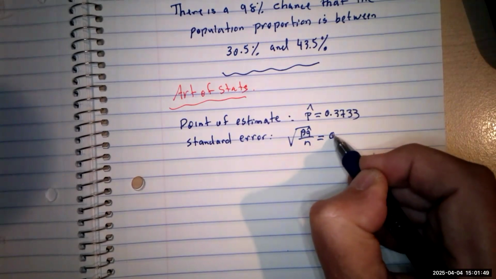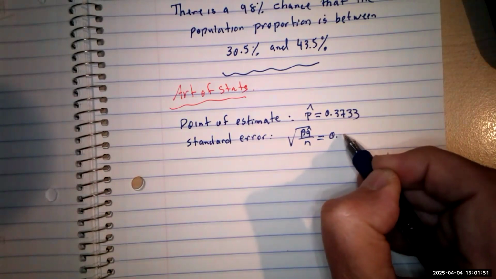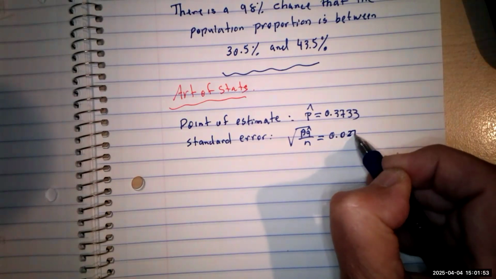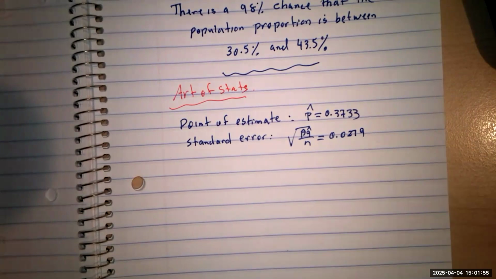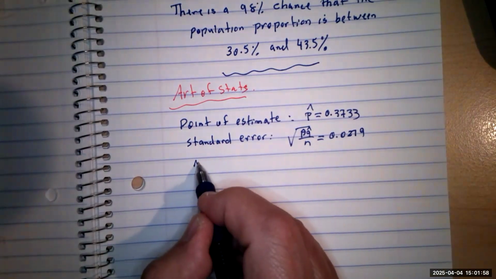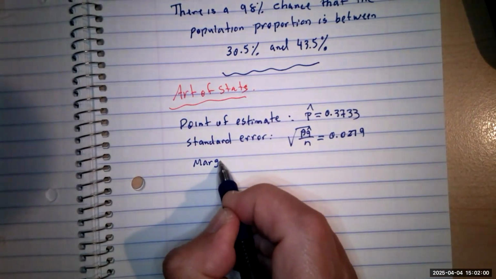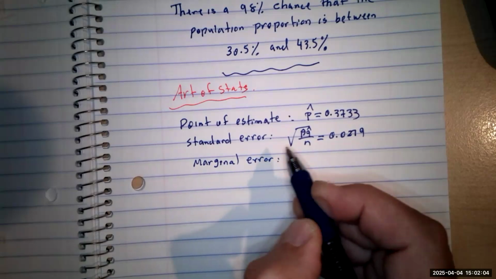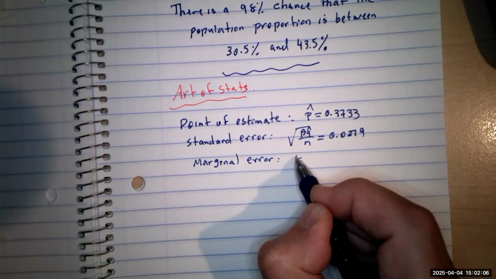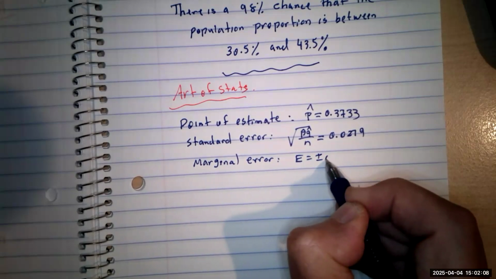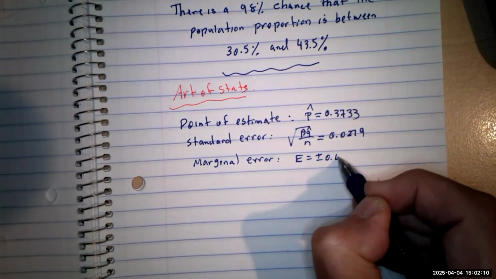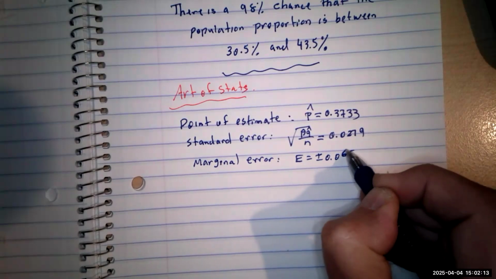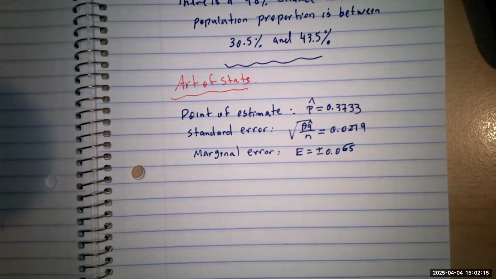You don't have to write the formula, just give us the numbers. 0.279, you're not going to use it. But the margin of error. The margin of error is E. E is positive or negative, whatever we have, 0.065. The way we did it.